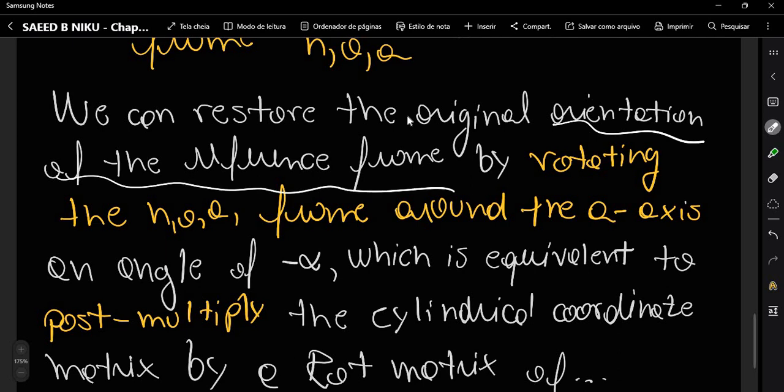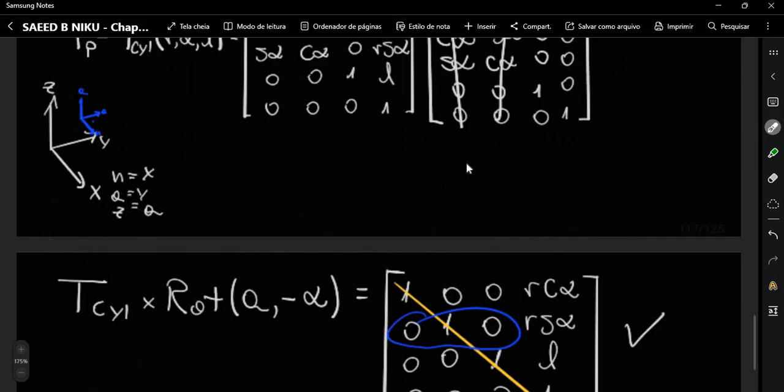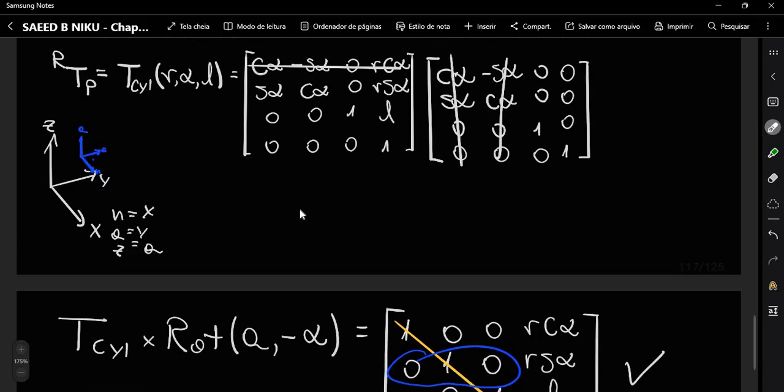I said that position is orientation. So the technique is to do a rotation around the A-axis. And I also did this analysis with you.